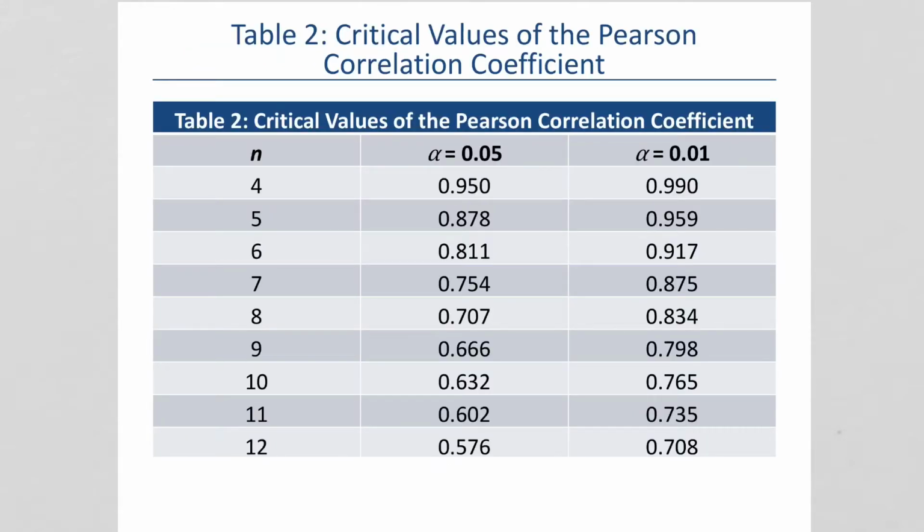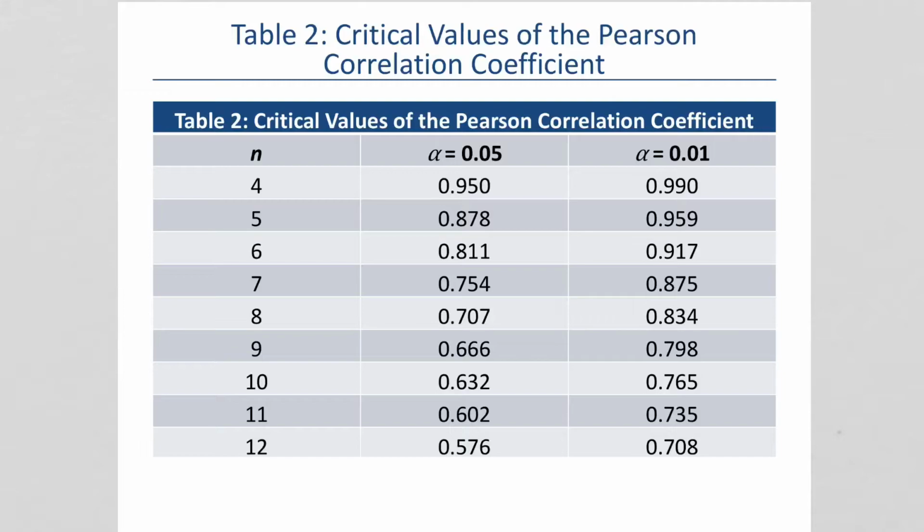So this is a table of the critical values of the Pearson correlation coefficient. Depending on what n is, and that's your number of data values, we've just got 4 to 12 here.